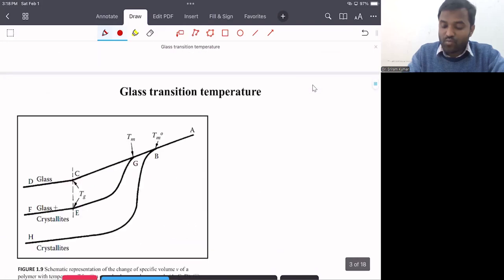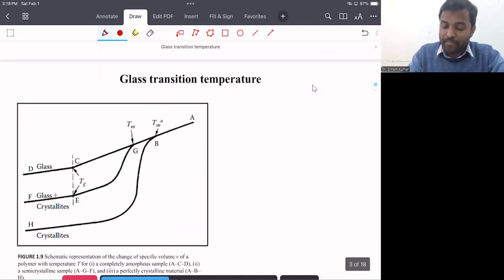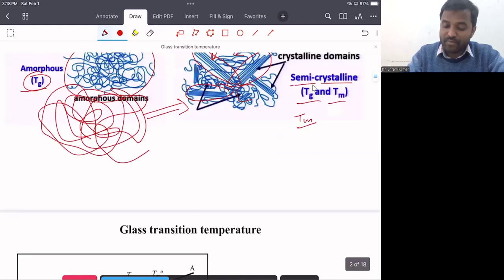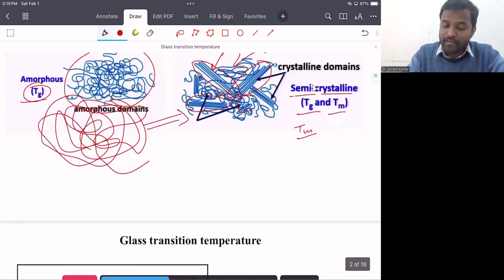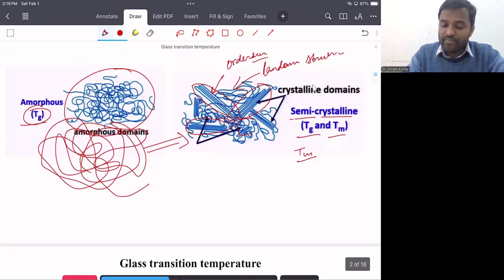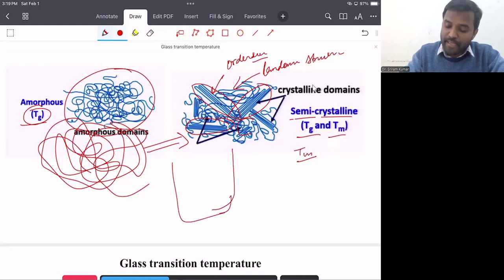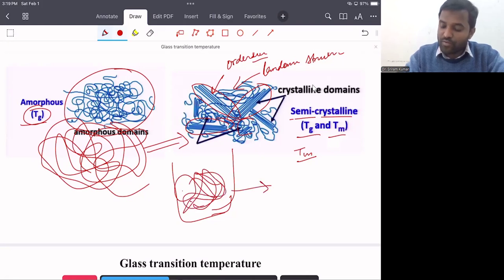So now let's understand what glass transition temperature is. As we had discussion here about the amorphous polymers, for example, if we have the amorphous polymer in the liquid state, and we cool down that polymer, what will happen? Suppose we have this beaker and we have this polymer there, and we cool it down.